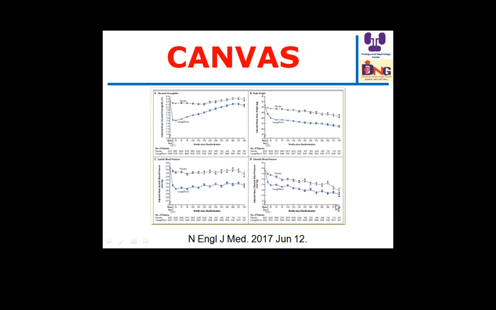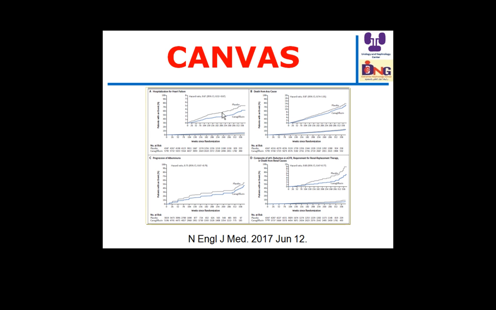Here you can find that the use of canagliflozin is associated with significant reduction of glycated hemoglobin, reduction of body weight, and reduction of systolic and diastolic blood pressure. Here are the outcomes: hospitalization for heart failure, progression of albuminuria. The advantage is clear. The use of canagliflozin, as a member of the sodium glucose transporter 2 inhibitors, was associated with better kidney function.